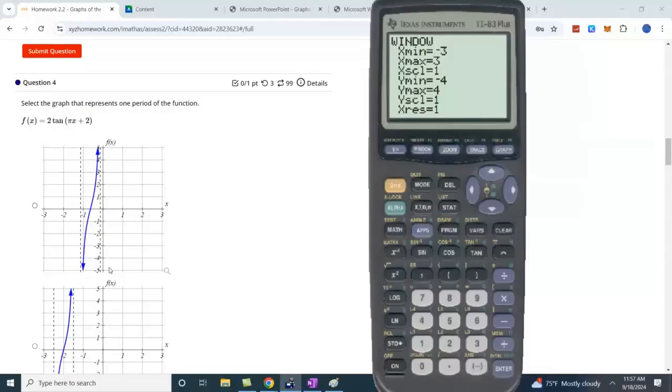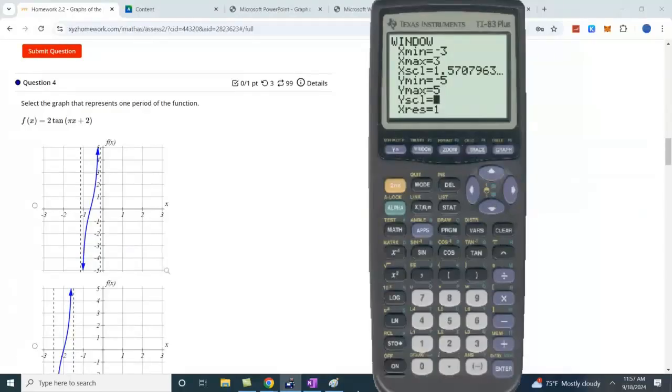My y minimum, that's the smallest y value on my graph, which is -5. The largest value on my y-axis is +5.